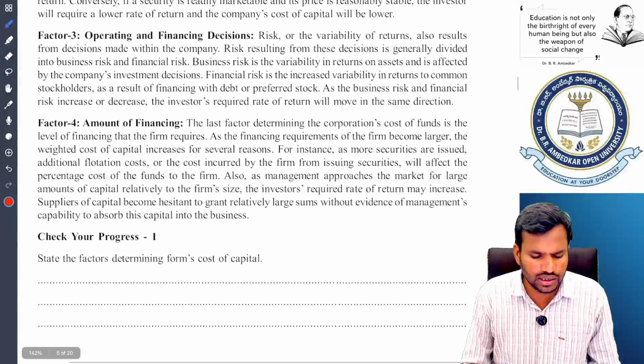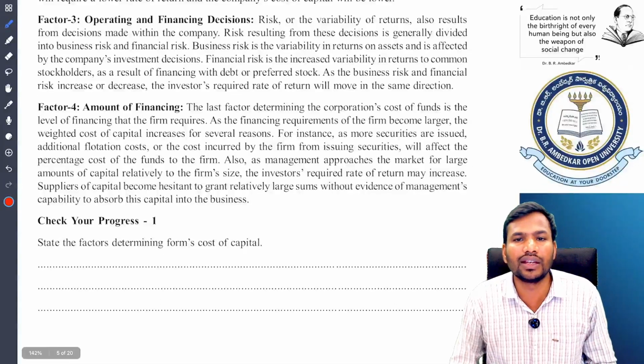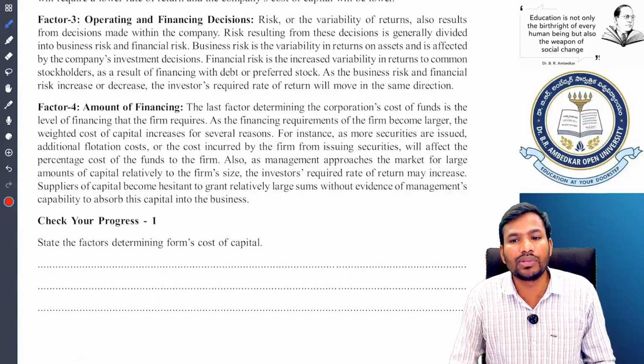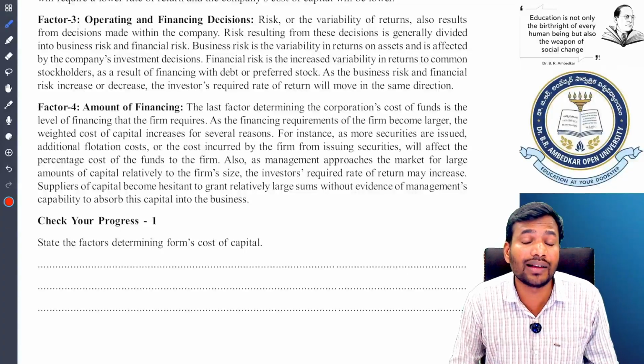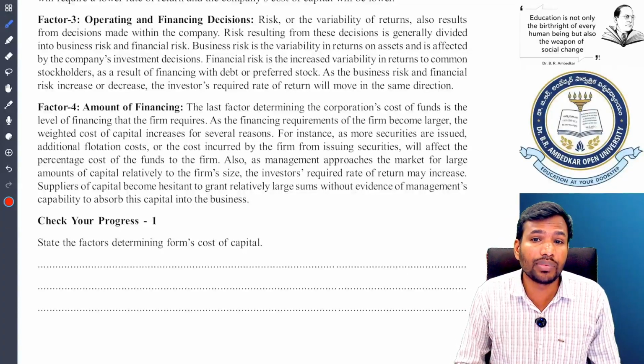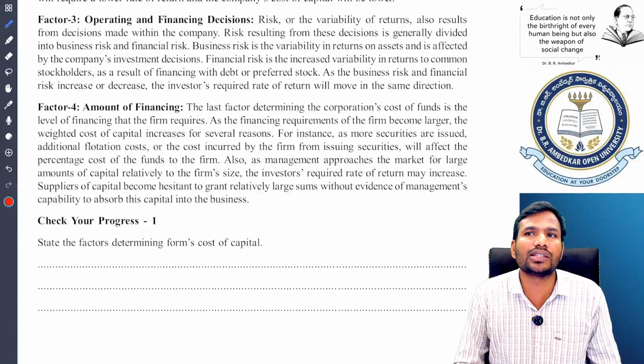Operating and financing decisions: how the business will take the decisions, how the company will take the operating decisions and financing decisions.